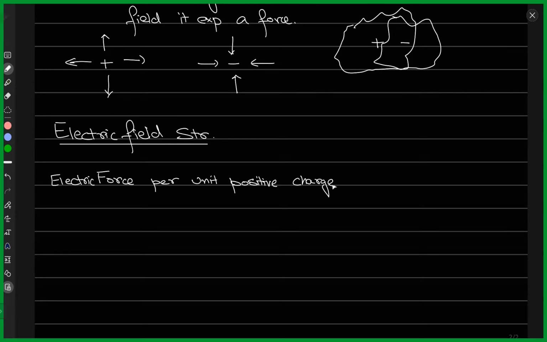So we say that electric field strength is the electrical force experienced per unit positive charge at a point in the electric field, right? So that's the strength of the electric field.